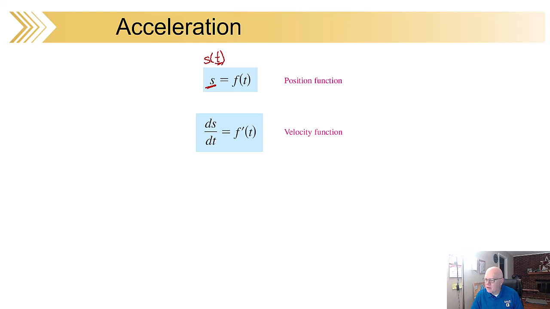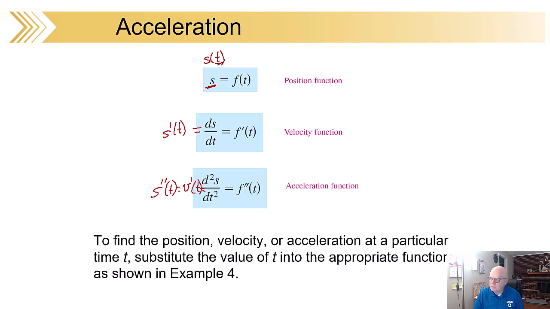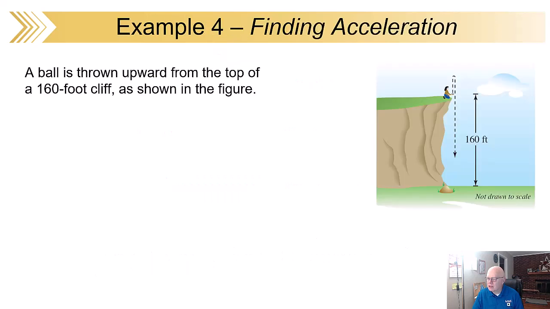If we take the derivative, also known as s prime of t, we get the first derivative, or the velocity function. If we take the derivative of that, and here's another form of that, s double prime of t, which is the velocity derivative, all that goes together. So at any particular time, you can put the value of t in, and you can find the position, or the velocity, or the acceleration.